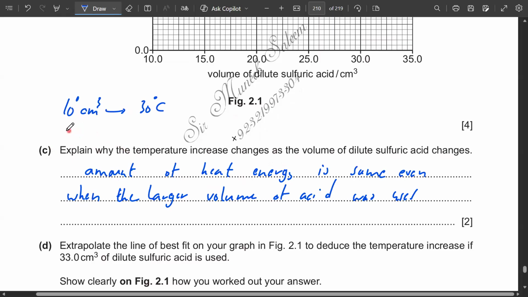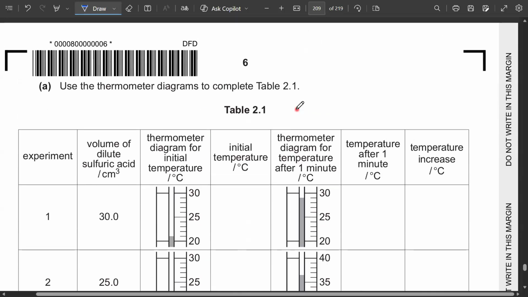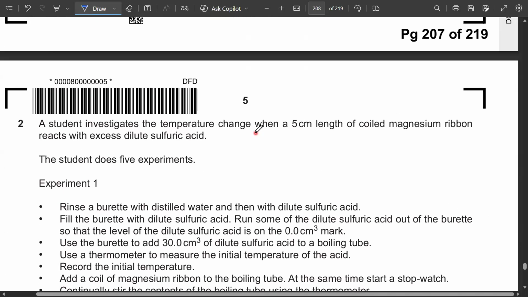Why is that the same? Because the magnesium ribbon used is the same. The acid was already in excess in all the cases. In all the experiments, acid was in excess, and the magnesium ribbon used was also the same in length. If we go back here, they were using 5 cm length.